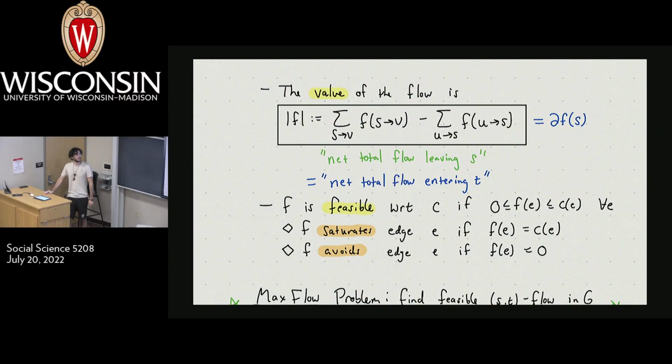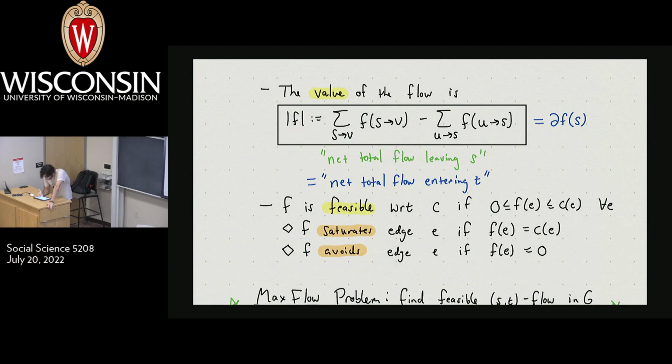Okay? So now that we know what a flow is, we need to quantify what it means to have a large flow or a large rate of sending flow. And so we're going to define the value of a flow, and we're going to use absolute value notation.